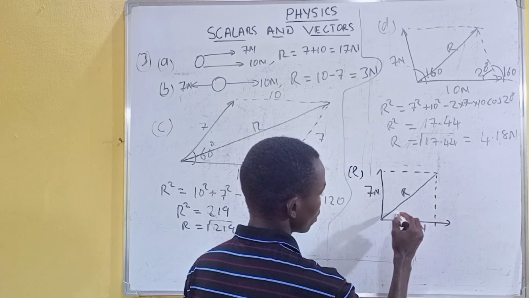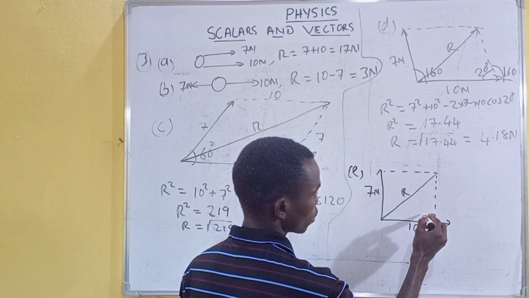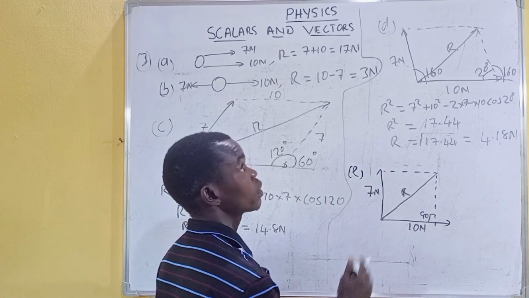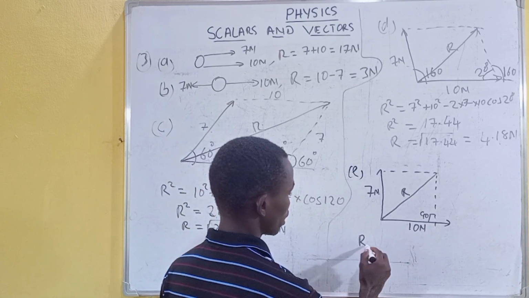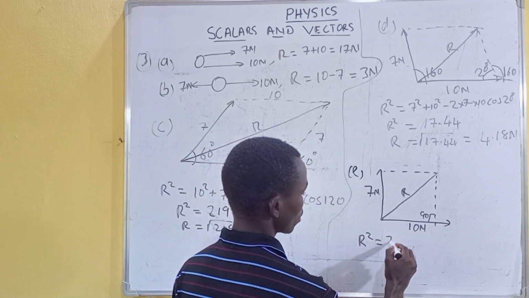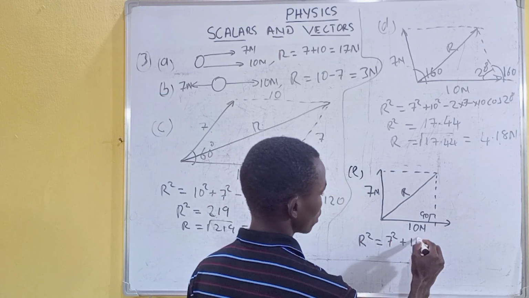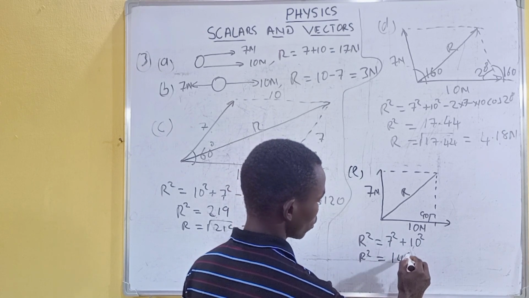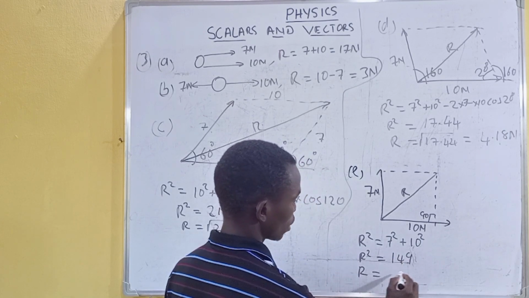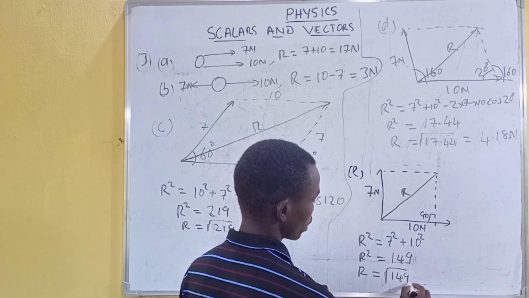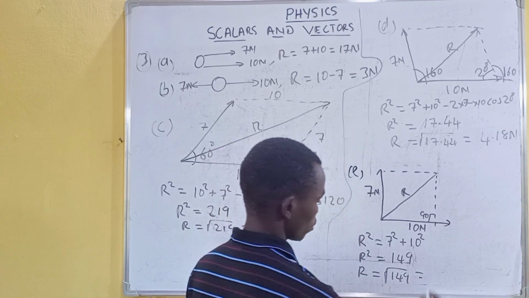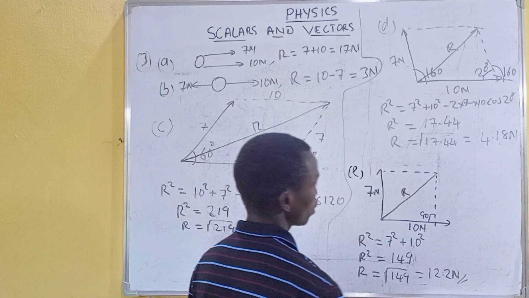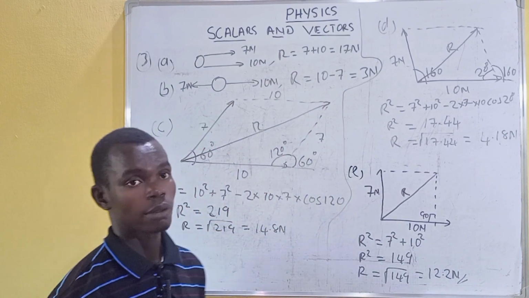And here the angle is equal to 90, so we can use our Pythagorean theorem to find the resultant vector. R squared is equal to 7 squared plus 10 squared. Therefore, R squared will now be equal to 149. Our resultant vector will now be root 149. When you press your calculator, you will have 12.2 Newton. This is our answer to this question.